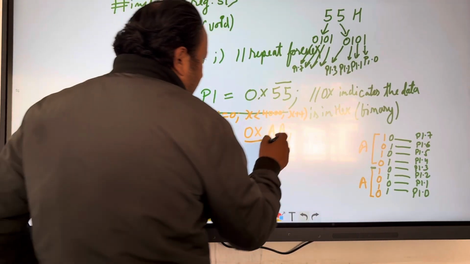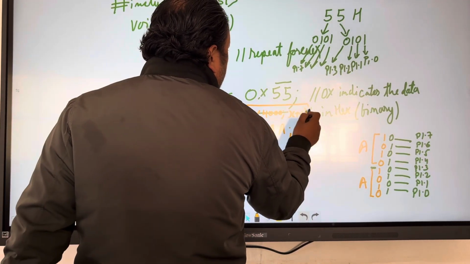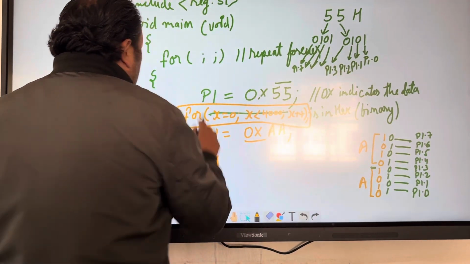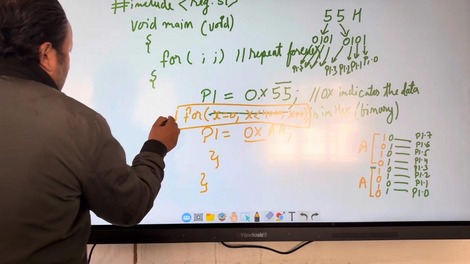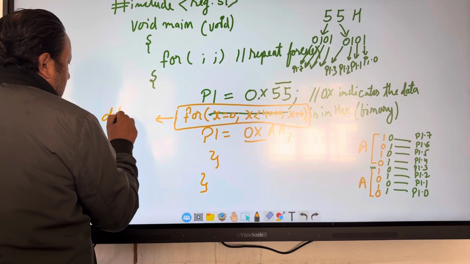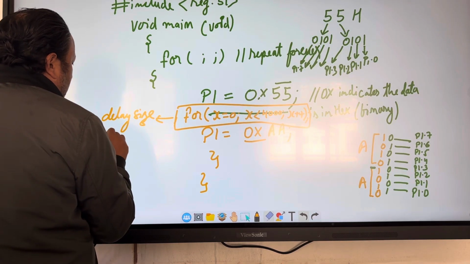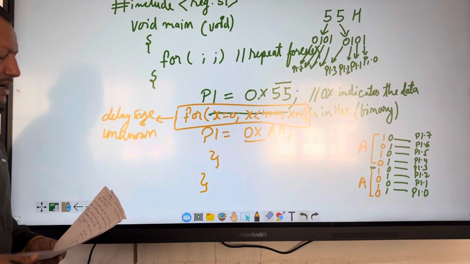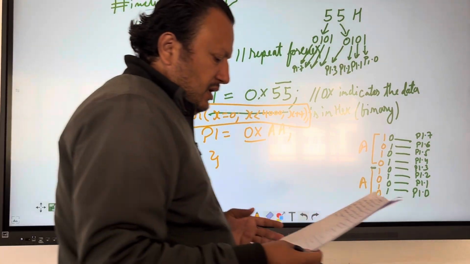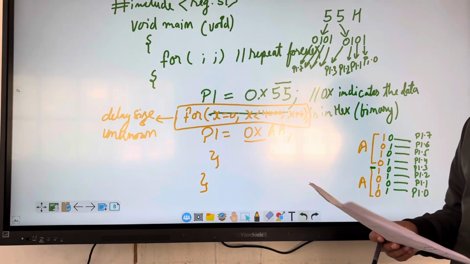Now I have added one delay function here in between these two values, and I don't know how much delay it will take. The only problem is the delay time is unknown, because different compilers will take different delay times, but at least it will add some delay, right?